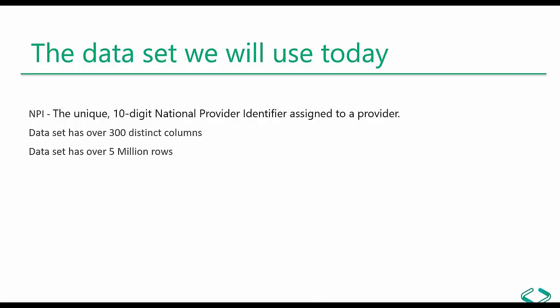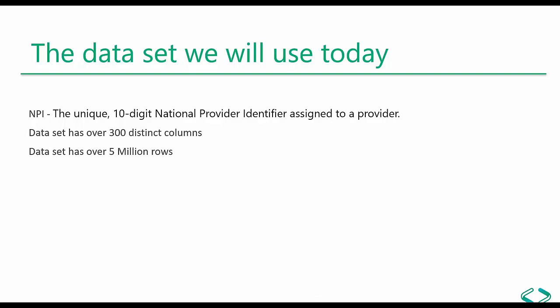It's, like I said, all freely available. The NPI itself is a 10-digit identifier for the provider. And this provider will have this number as long as they stay as a doctor and are working at a hospital. It doesn't matter if they move to a different hospital, they'll still keep that same NPI.